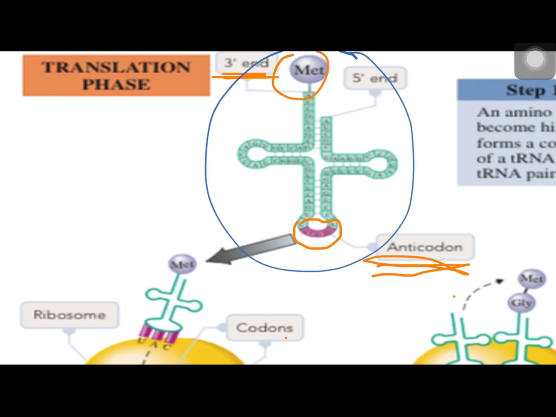This is what our tRNA looks like. The tRNA, or transfer RNA, delivers amino acids to the site for protein synthesis.